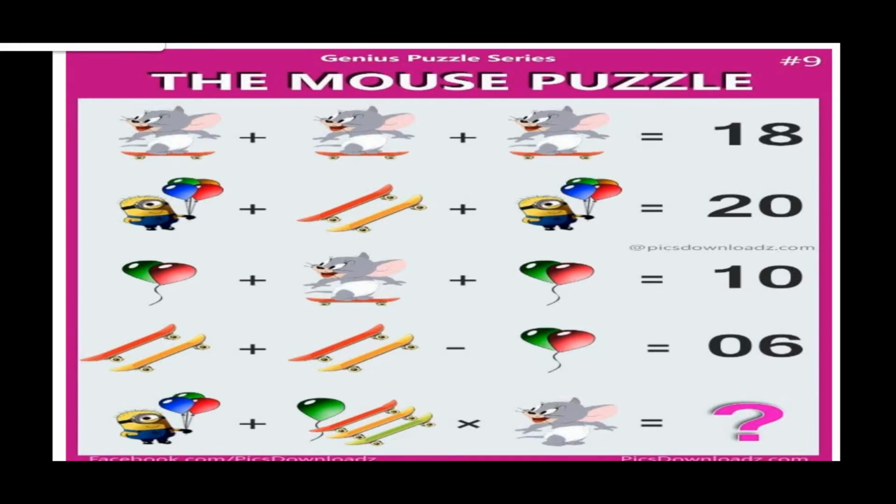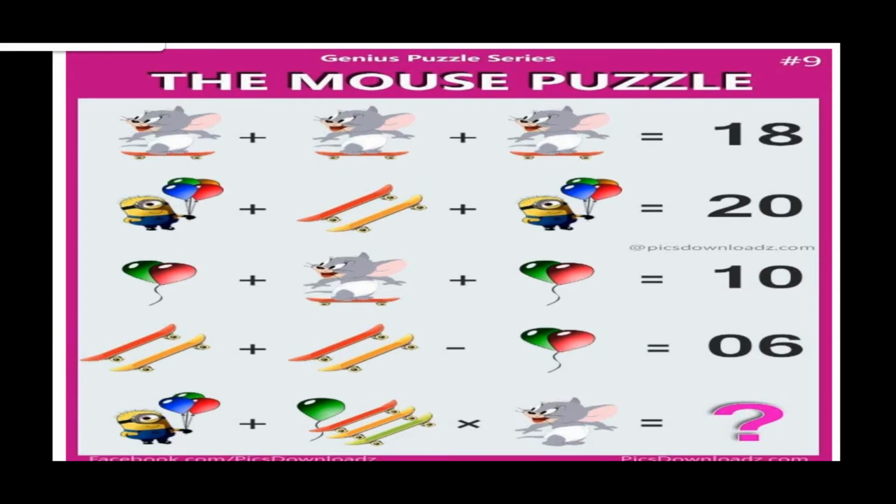They are asking 4 pads minus those 2 balloons will give you 6. Finally they want the value of 1 balloon, the value of only Jerry not with the skating pad, and the value of each skating pad, and after that you should multiply those values and then add this Memoji with the balloons.